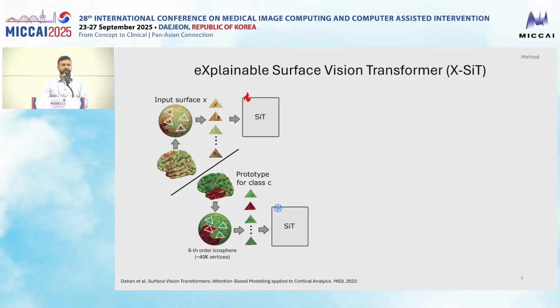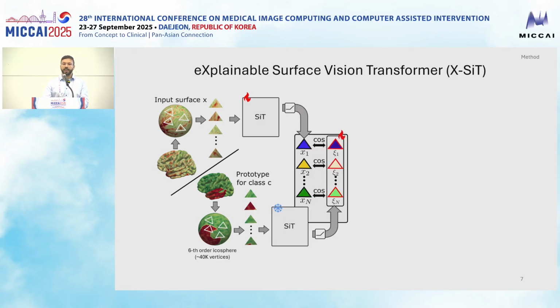This is a dedicated surface transformer model developed for cortical surfaces, and it gives us corresponding patch embeddings for the input surface and also for the prototype. Now at the heart of our approach, we compare these patch embeddings with the cosine distance to get a measure of local similarity. And similar to the bird image, we obtain these prototypes from real samples from our training set via iterative optimization.